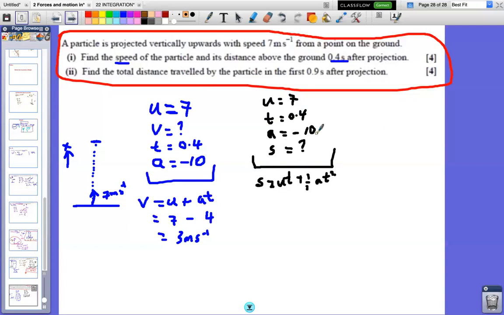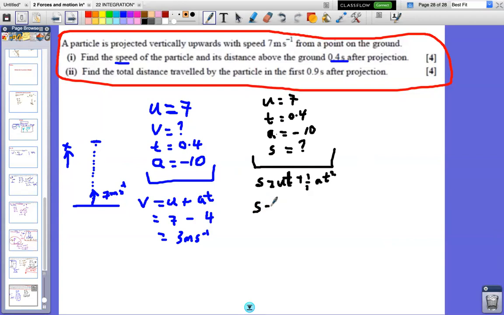There is no problem with that, but if there was a mistake here and this value was wrong, then your final answer here will be wrong, and you will lose your accuracy mark here, okay? So I would prefer you always use the original values, except in cases where you cannot use them.